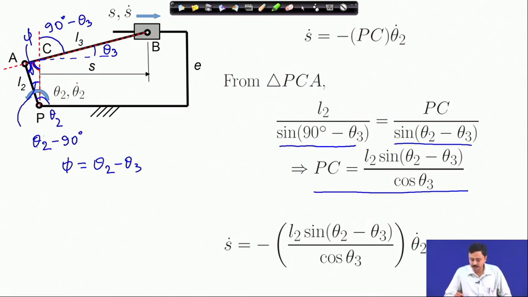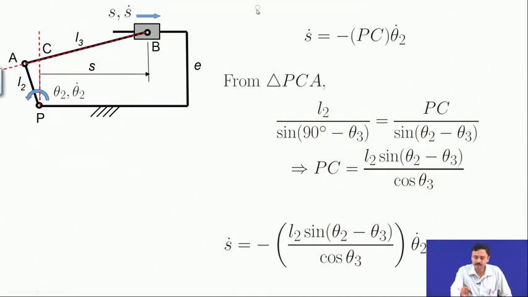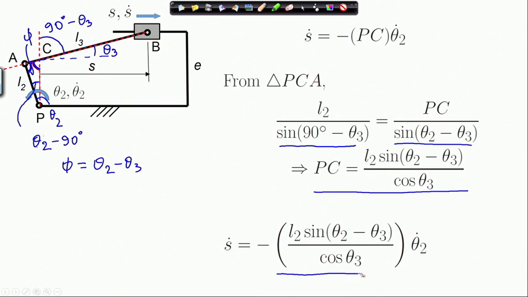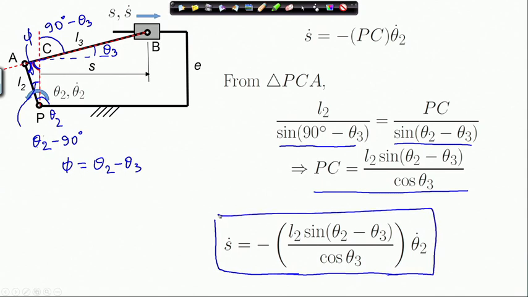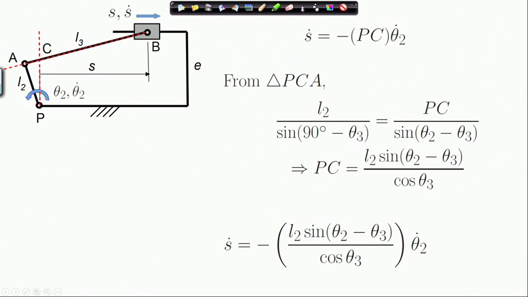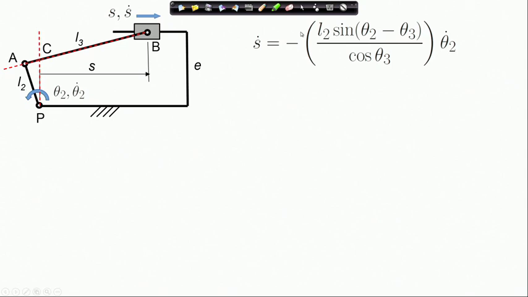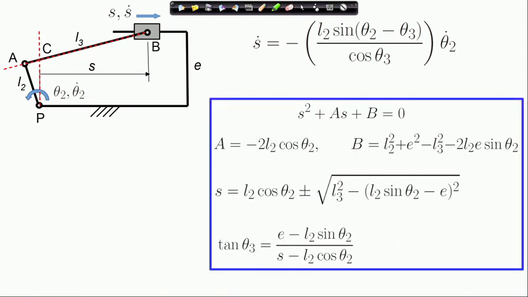So, therefore, if I substitute this expression, then S dot is equal to minus of this expression, this P c times theta 2 dot. So, we have found the relation between S dot and theta 2 dot. So, this is our relation. Now, remember our displacement analysis.